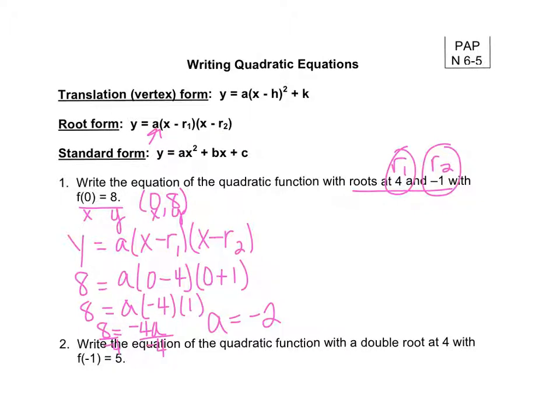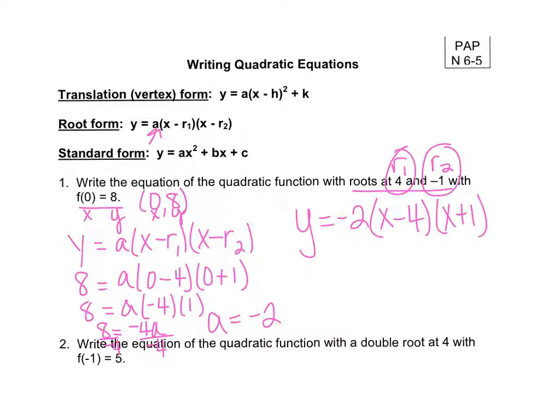Once you find a, then what you're going to do is plug it back into your root form without that x and y point of (0, 8), but also plug your roots in. So we're going to have y equals a, which is -2, and then we have x minus R1, which is 4, and then x minus R2, which is -1, so that would make it +1.